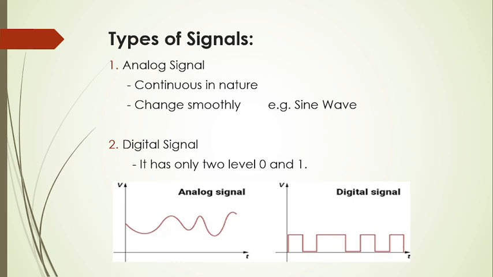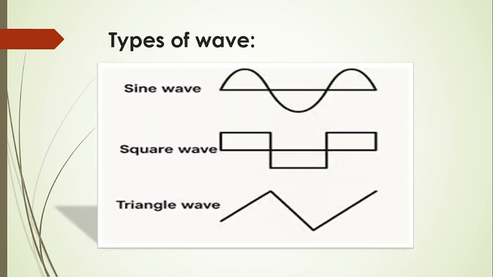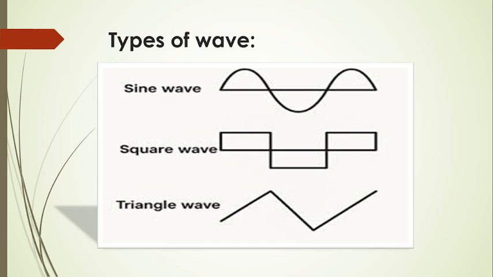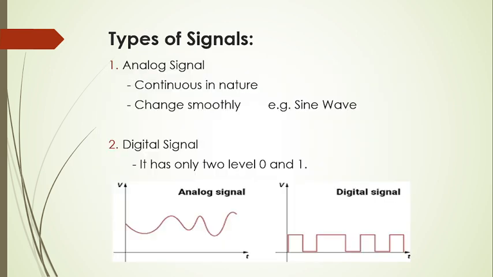So again there are some different types of the analog signal that are the sine wave, square wave, triangular wave. The square wave and the digital signal are both different because a square wave is a periodic wave and digital signal, that is a discrete signal, is a non-periodic wave.